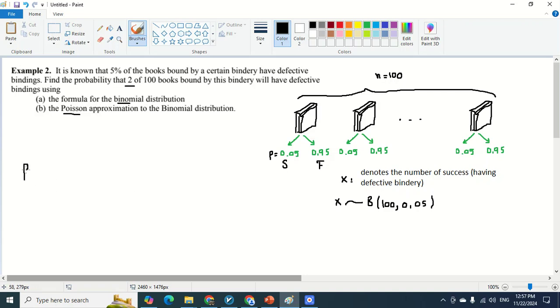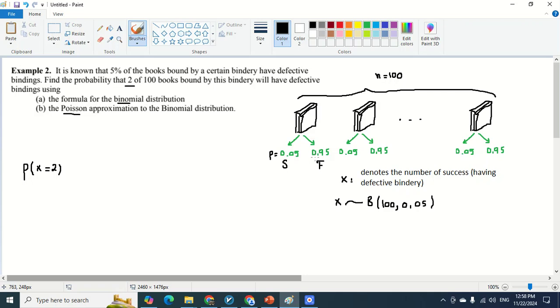The probability of x equal to 2 means that we are looking for 2 successes out of the 100 trials. I want to emphasize the conditions of the binomial distribution before I go forward to solve the question. First, all these trials are independent.